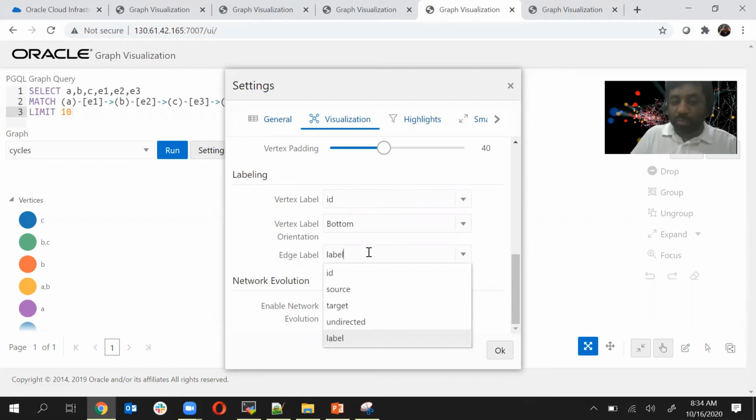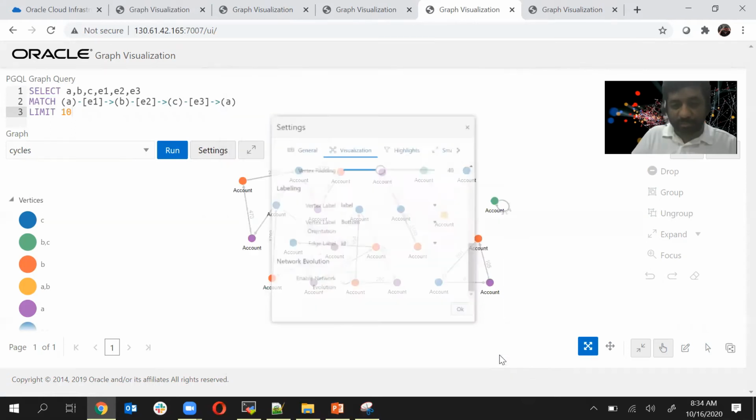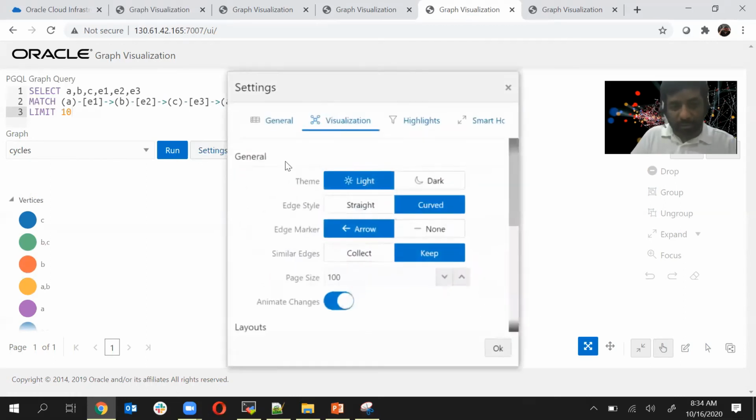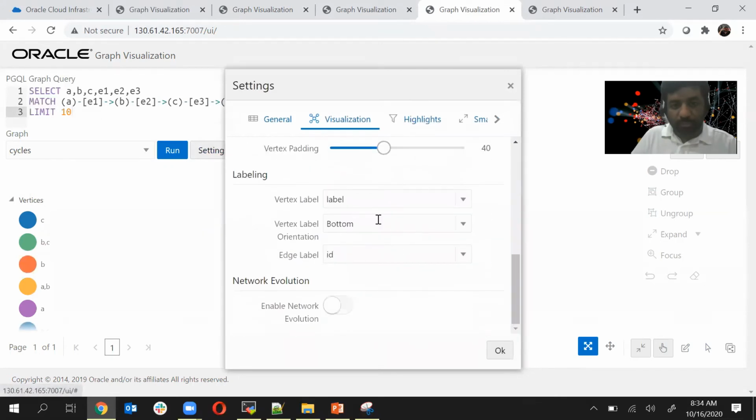You can also select different information here. So let's say, for example, I just want to give my ID here and my label here. It changes the display in a different way. I'll put it back to ID and label.